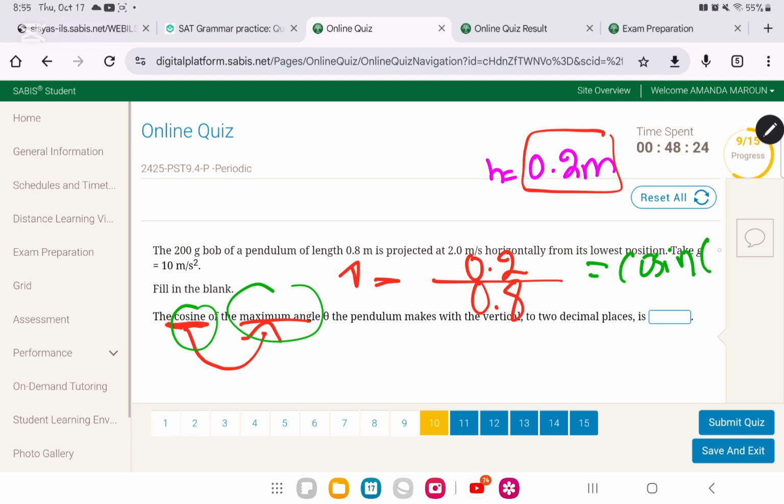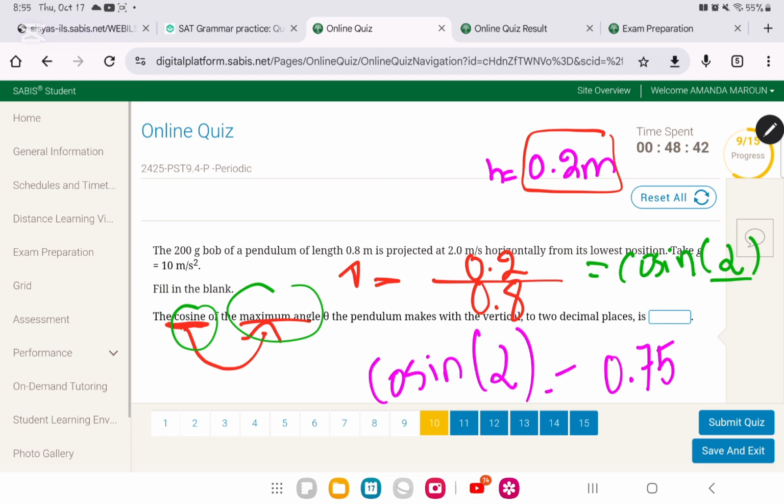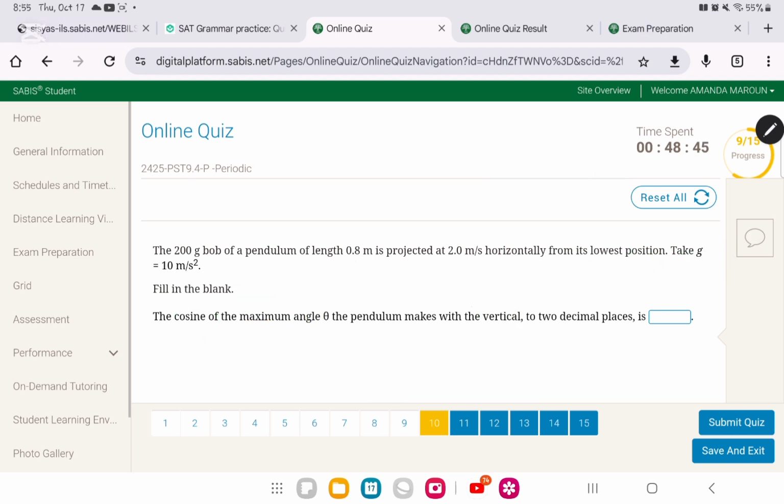The cosine of the angle alpha. This means alpha, okay? So if you do 1 minus 0.2 over 0.8, you are gonna get 0.75. So 0.75 is equal to the cosine of our angle alpha. This is if they asked us for the cosine. If they asked you for the angle, what do you do? You do cosine inverse.